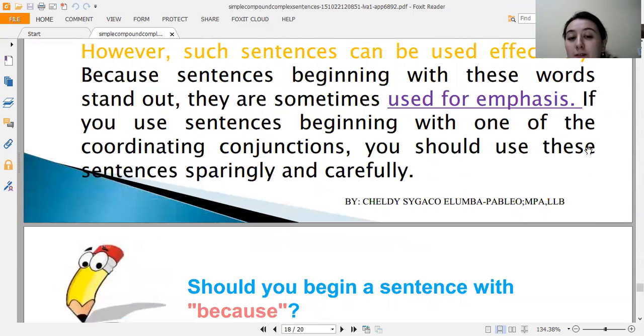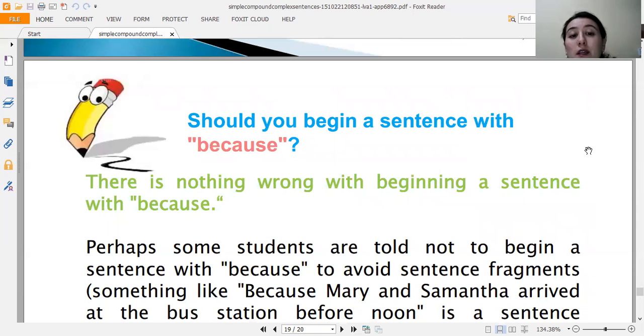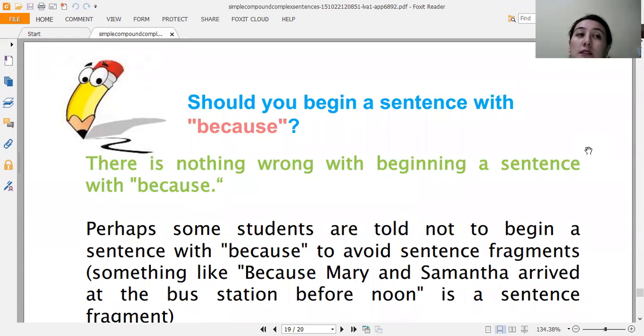As for because, we can start our sentence with the word because, since sometimes the question why is asked. That's why sometimes we have to start our sentence with this conjunction.